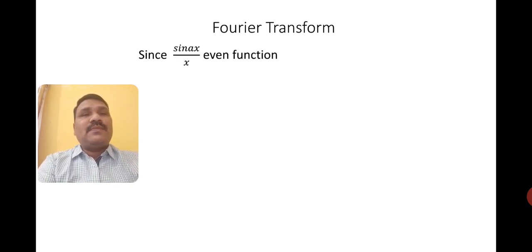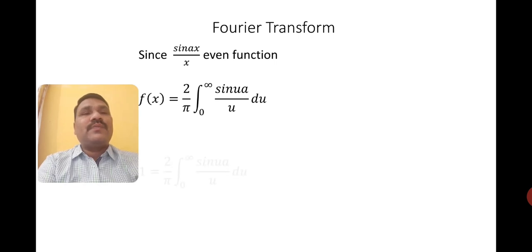So next step, what will you do? We know that sin(au) divided by u is an even function. So even function means the integral values will change: minus a to plus a becomes, now you just see, f of x is equal to 2 by pi integral 0 to infinity sin(ua) divided by u du.